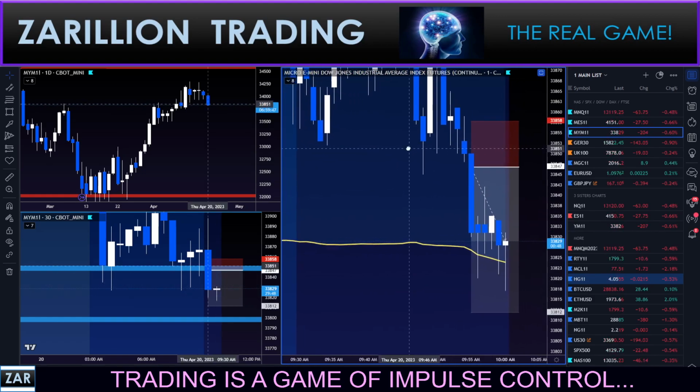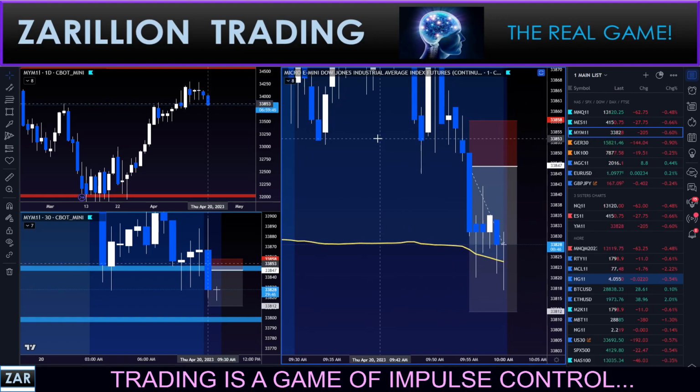And that's why the vast majority, I would say nearly 100%, in my experience, of day traders and scalpers lose money over time. And it's not because they're not smart. It's not because they don't have the technical know-how. It's not because they don't understand price action. It's because they haven't mastered their impulses. It's an incredibly difficult thing to do. And I don't have anything to sell you, so I don't mind telling you the truth.